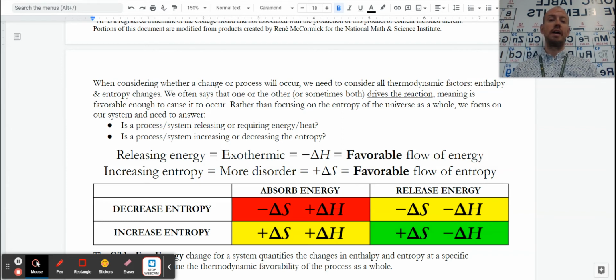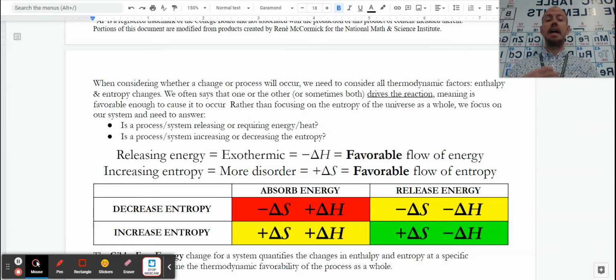So the two questions we're answering is, for this reaction or this chemical system, is heat coming in or being released? And for this same thing, is it increasing our randomness or decreasing it? A favorable flow of heat or energy are exothermic reactions. Exothermic reactions have enough energy to occur, and in fact, they occur and release energy.